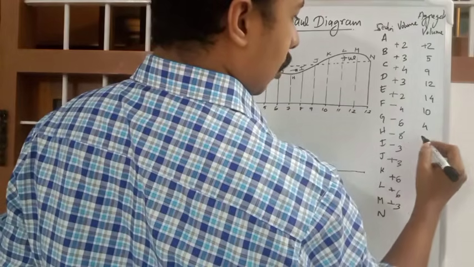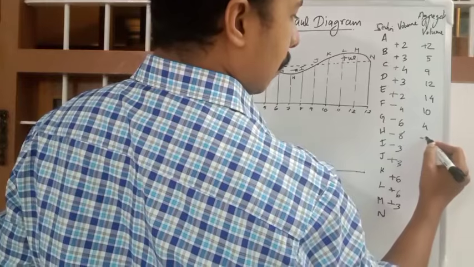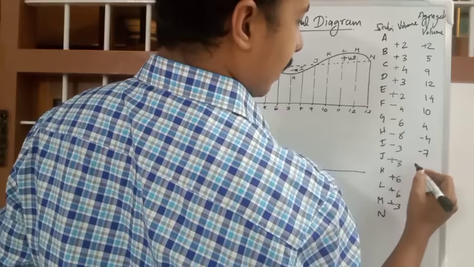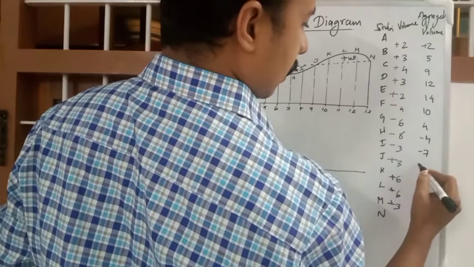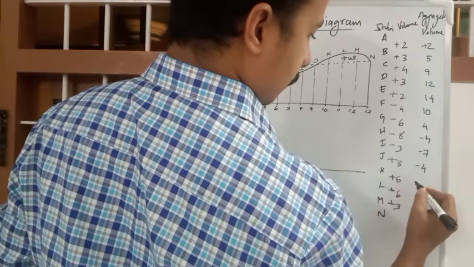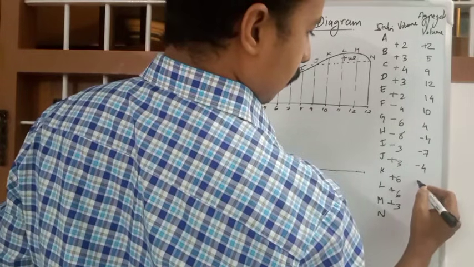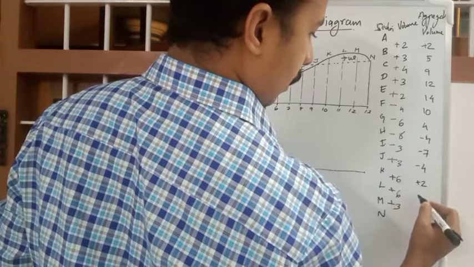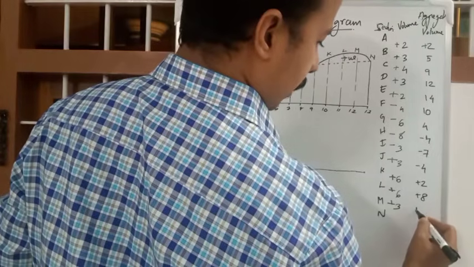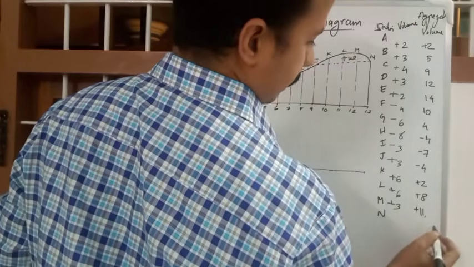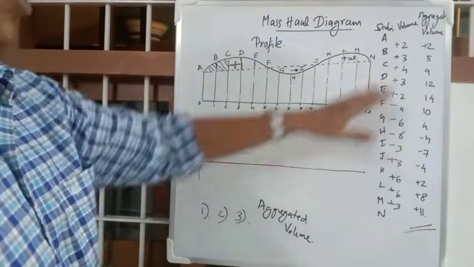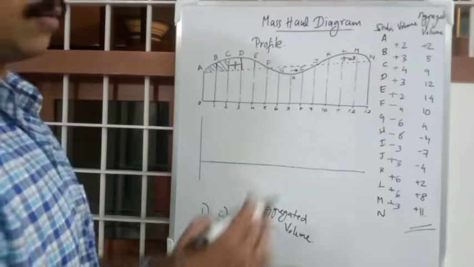At I it will be 4 minus 8, minus 4, then minus 7, then again positive values, so minus 4, plus 2, plus 8, and plus 11. So these are the aggregated volume values found from this volume table.